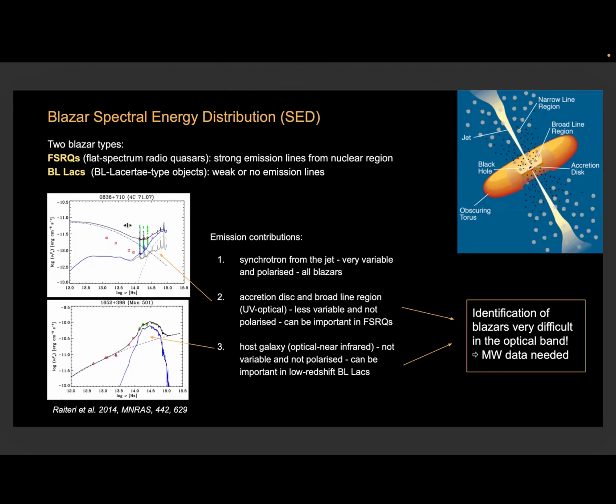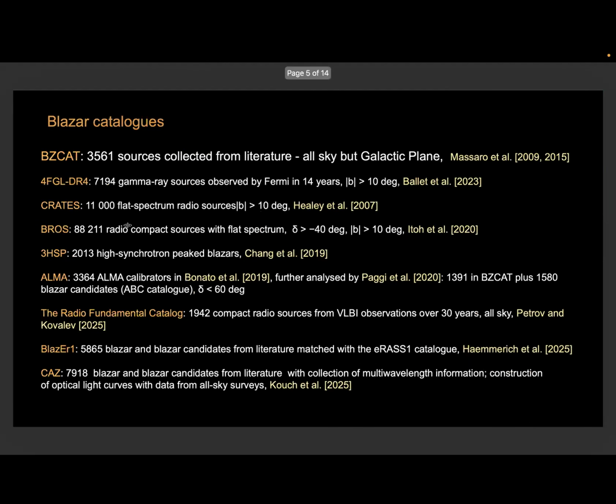So we really need to use multi-wavelength data in order to select blazars.